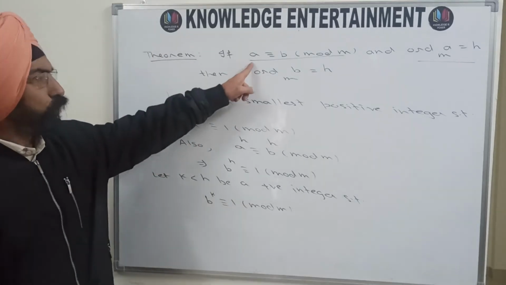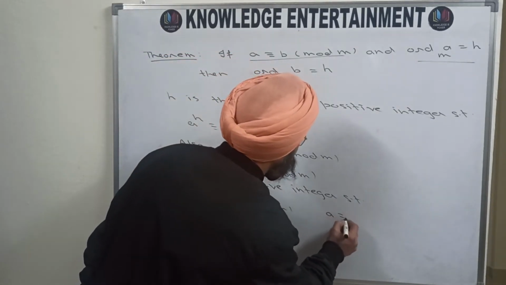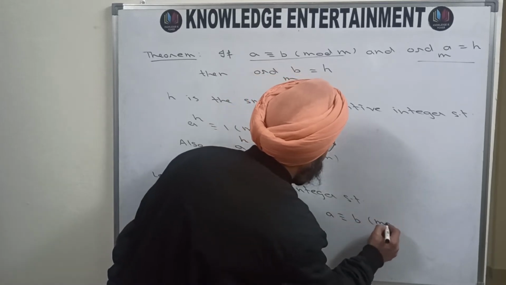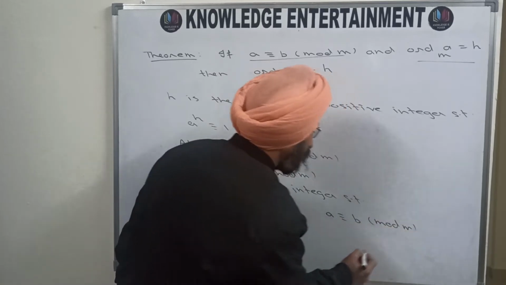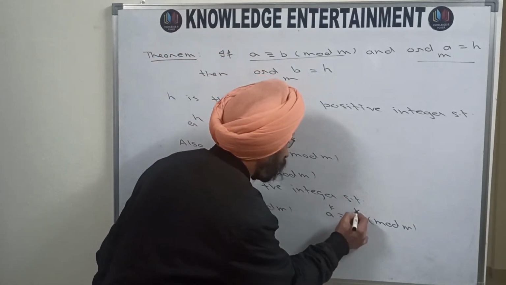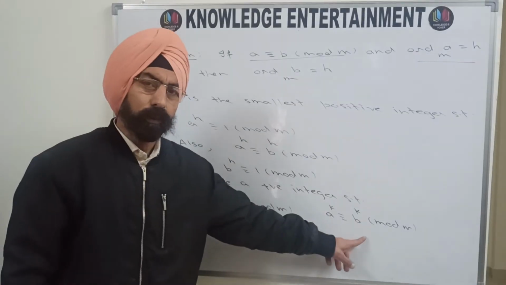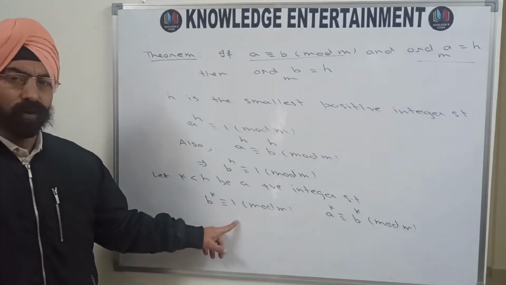Once again use this: a is congruent to b modulo m, and raise both sides to the power k. a power k is congruent to b power k and b power k is congruent to 1.